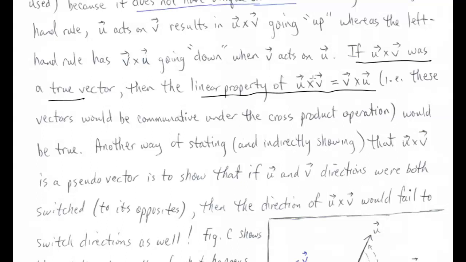In everyday language, if we think about real numbers, we would say 2 times 3 is the same thing as 3 times 2, and that would always happen. But in the world of vectors, 2 times 3 is not actually the same thing as 3 times 2, so this notion of the cross product being purely commutative in the way that we understand it for real numbers doesn't happen.